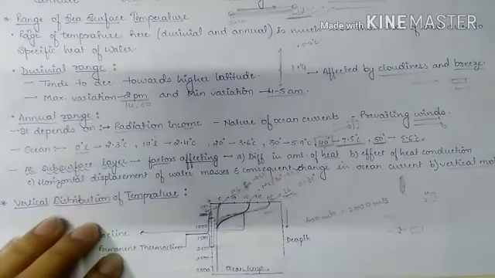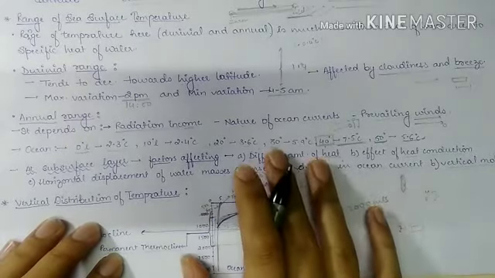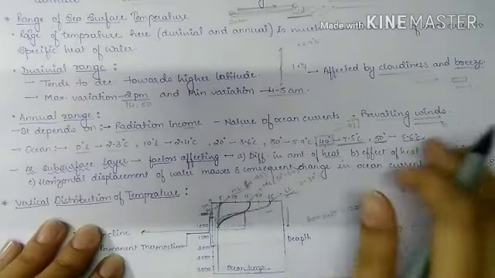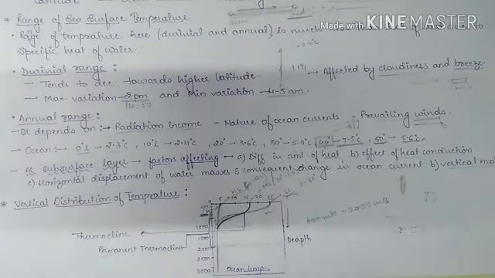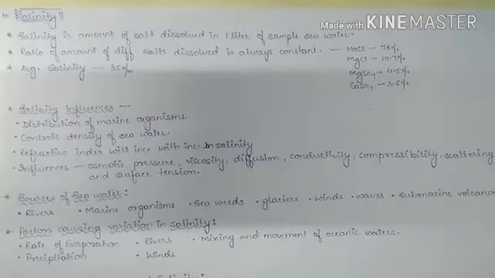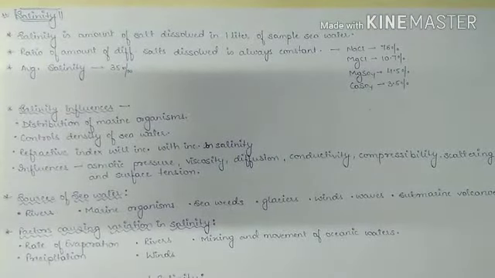So we have done the distribution of oceanic water's temperature, both horizontal and vertical, and we have also done the heat budget. Now we will look into the salinity of ocean water. As we all know, one of the most important properties of water is its ability to dissolve a very large number of solids and gases without chemically reacting with them.